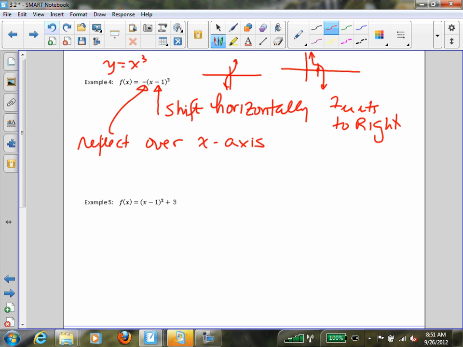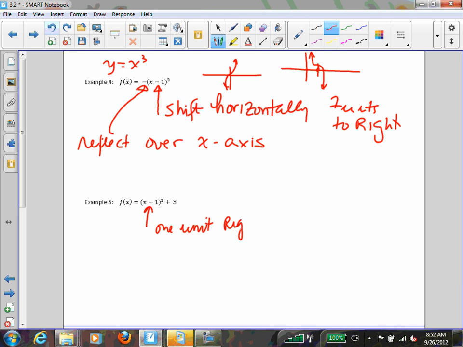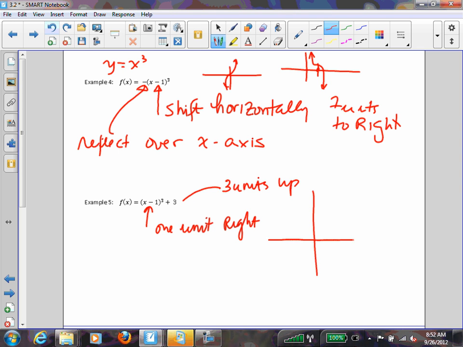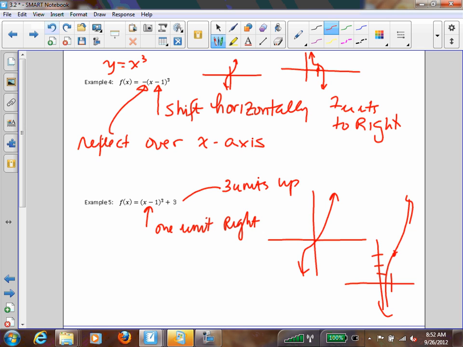All right, now, 1 unit, which way? Right or horizontal. I guess if you're going to go right or left, you don't have to say horizontally or vertically. 1 unit right and 3 units up. So now, while the parent graph looks like this, that point of inflection moved 1 unit right and 3 units up. And it's doing that.